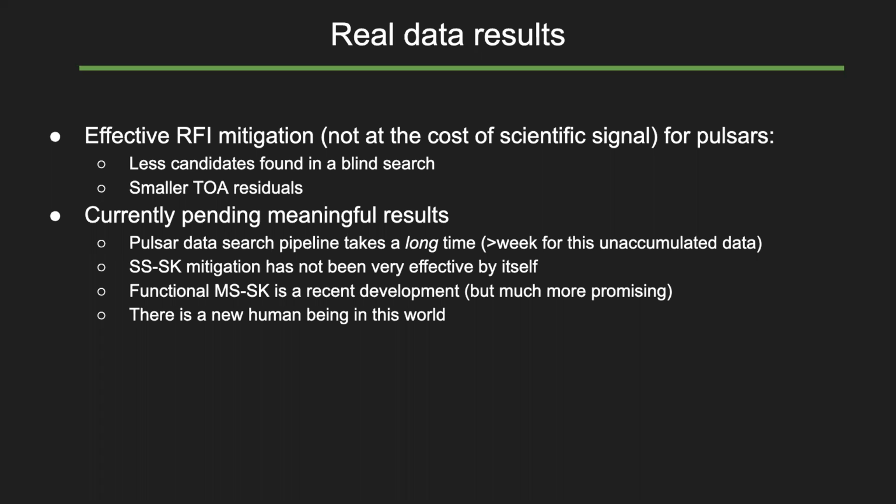But again, that looks quite a bit more promising. And also this part of the scientific process depends a bit on Ryan Lynch because he is super experienced with the software and finding this stuff, and he's a little bit preoccupied right now, understandably.